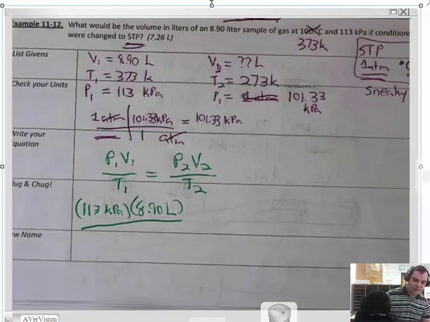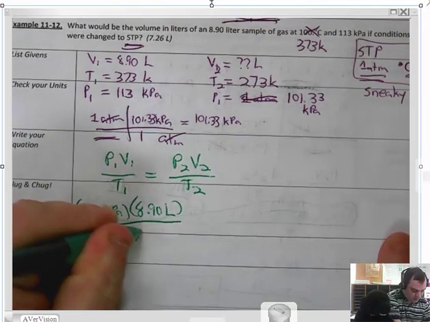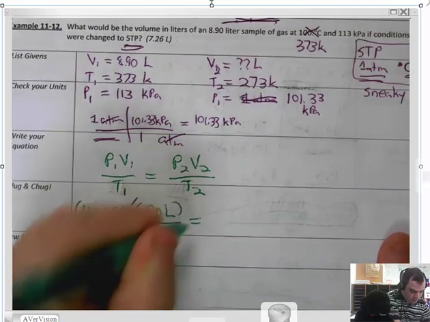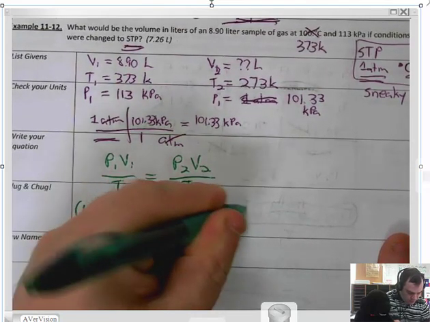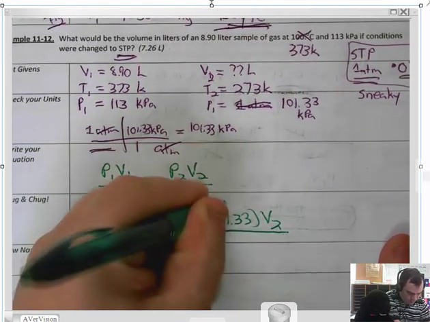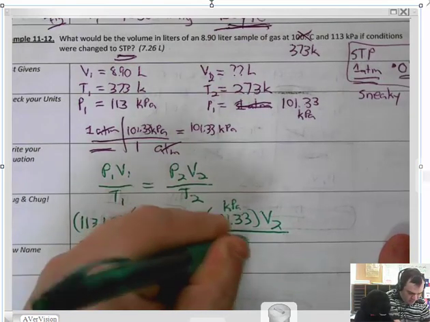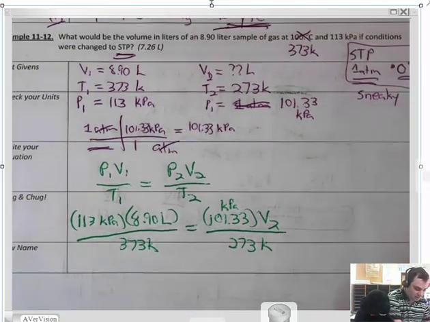Okay, so it's going to be 113, 8.90 liters over 373 Kelvin equals 101.33 kPa times V2 over 273 Kelvin. Now we have to do the algebra here.